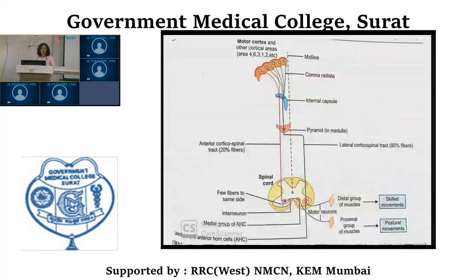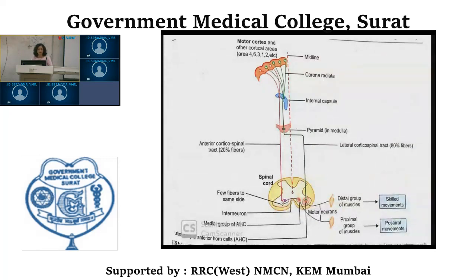The 80% of the fibers which cross over to the contralateral side constitute the lateral corticospinal tract. The lateral corticospinal tract passes through the lateral funiculus of the spinal cord, and these fibers synapse with the alpha motor neuron.